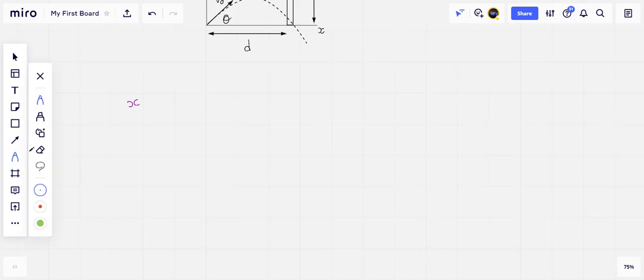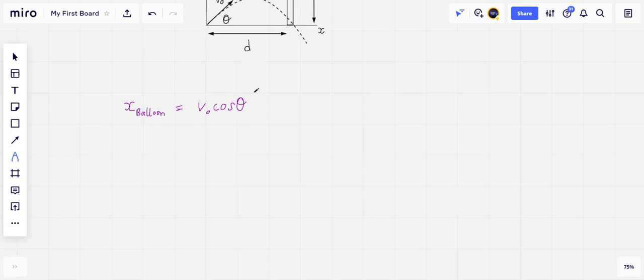So the horizontal range for the balloon is equal to v naught cosine theta naught times t, and the vertical displacement of the balloon is given as its initial position 0 plus v naught times the sine of theta naught times t minus a half g t squared.